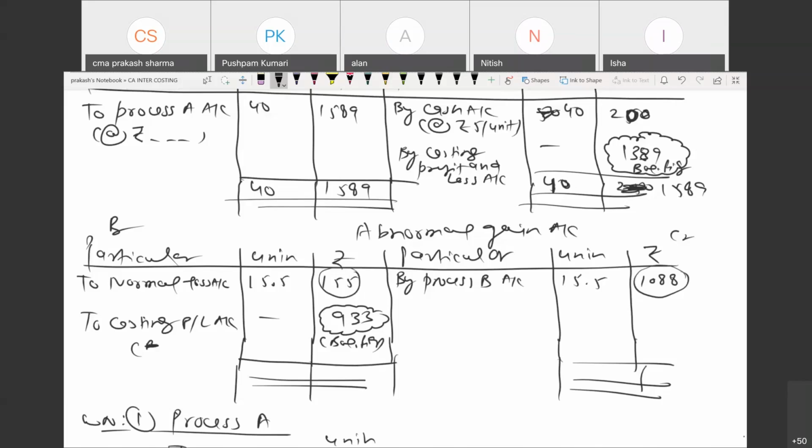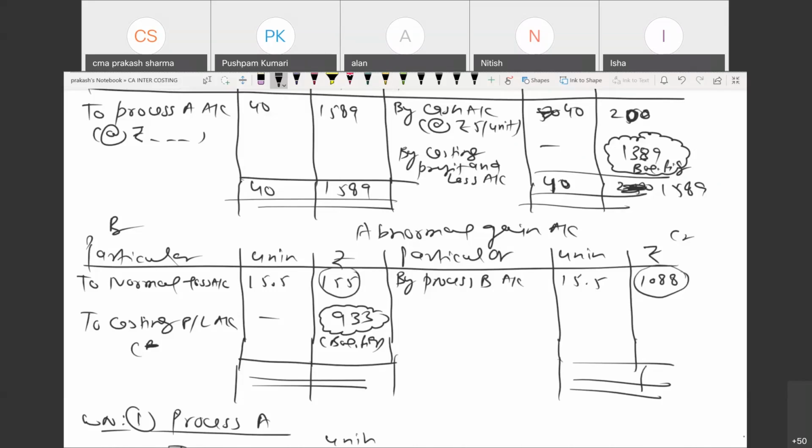हाँ जी अर्चना, in process B our actual abnormal gain were 15.5 units amounted to rupees 1088, right? But these 15.5 units were supposed to be lost normally. Okay, and abnormal gain implies that you have saved some of your normal loss.